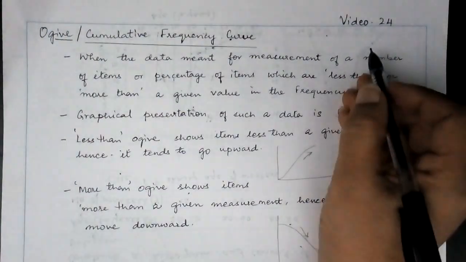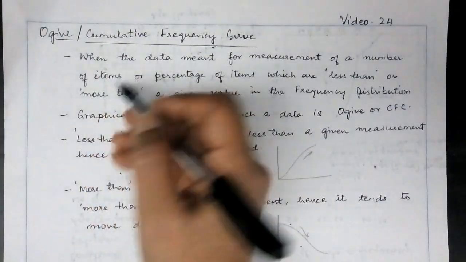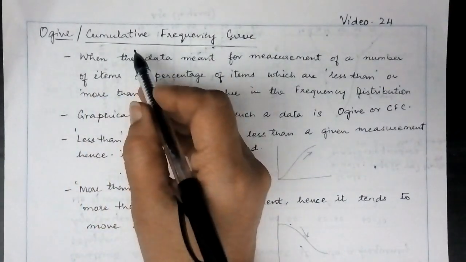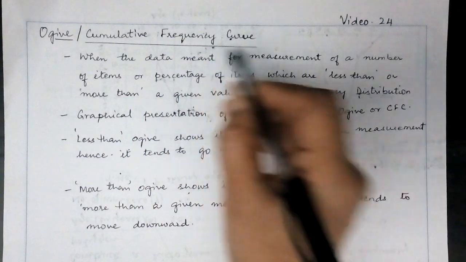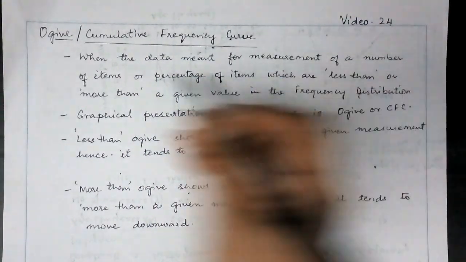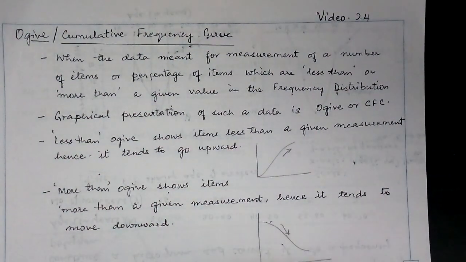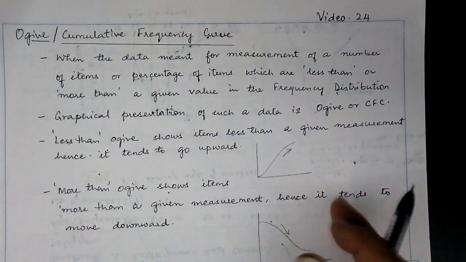In this video number 24, we are going to learn another frequency diagram called Ogive, otherwise known as cumulative frequency curve. Now you understand what is cumulative. Cumulative is adding up, the sum of.